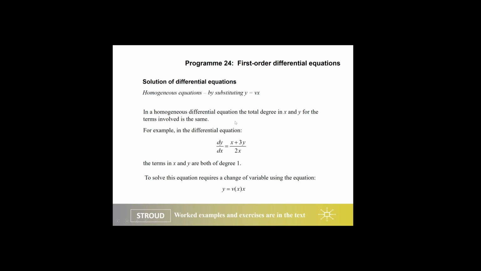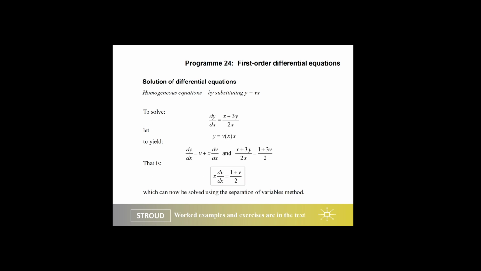For homogeneous equations, what we do is replace y with vx, and we divide the entire fraction by the highest power of x, which in this case would be x. So we would have x over x plus 3 multiplied by y over x, divided by 2 multiplied by x over x.